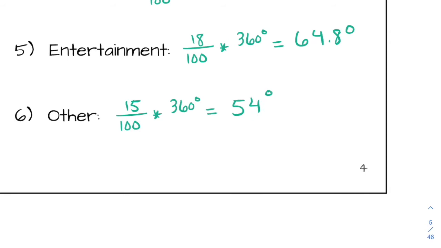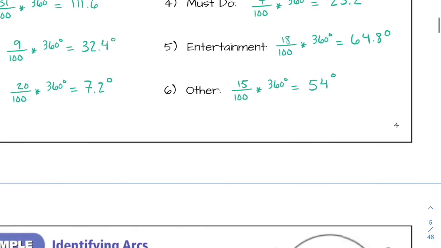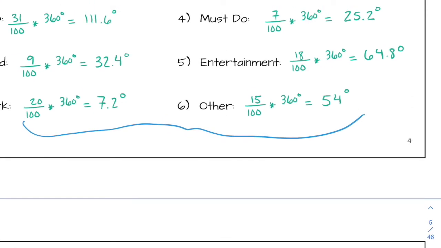Whoops. I'm going to check my math, make sure I did it right. So if I add all of these together, I know what you're thinking, Mr. A, the amount should be 360 degrees. So 111.6 plus 32.4 plus 7.2 plus 25.2 plus 64.8 plus 54.